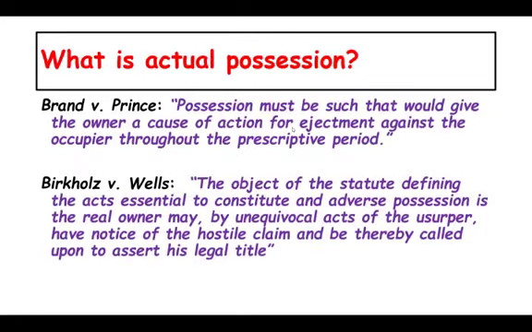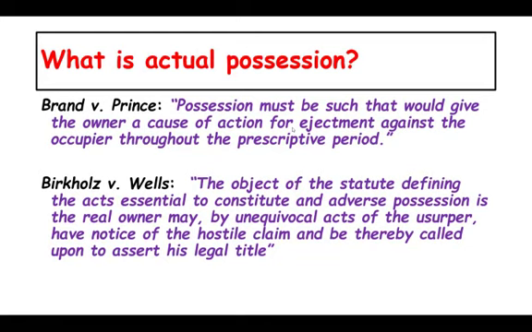And if you look at what the court said in Brand v. Price, the court said possession must be such that would give the owner a cause of action for ejectment against the occupier. This is what we've been talking about. The actions that the adverse possessor takes must trigger a cause of action for ejectment in order for the adverse possession clock to run. Burkholz v.